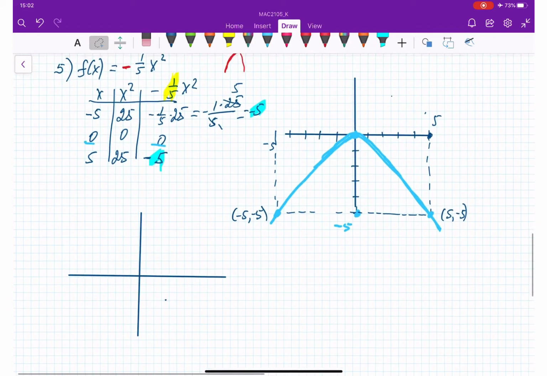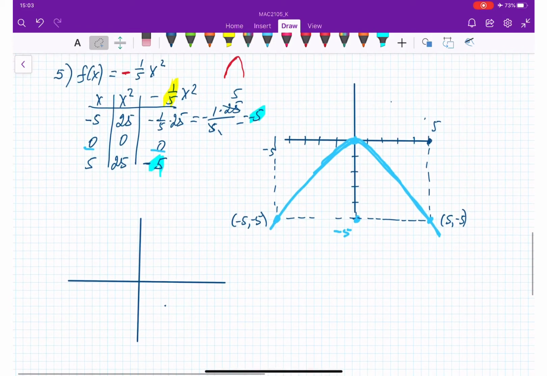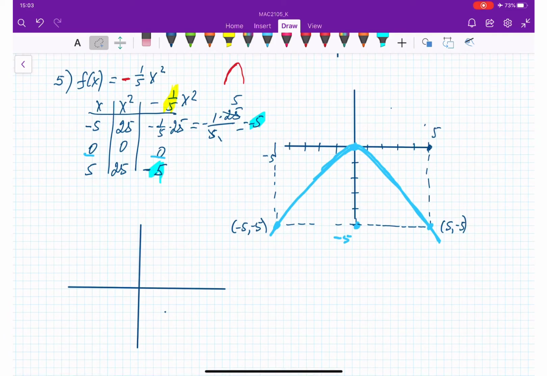All right. So, first of all, when we have x squared, right away, we know it's going to be parabola. This is our x squared.